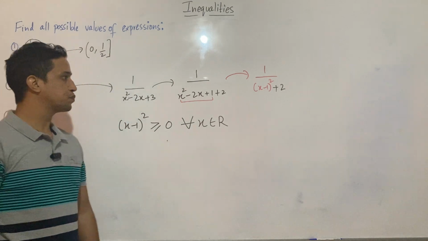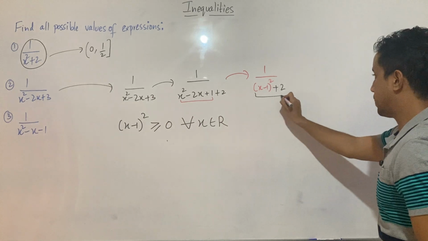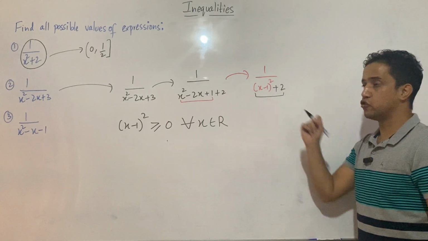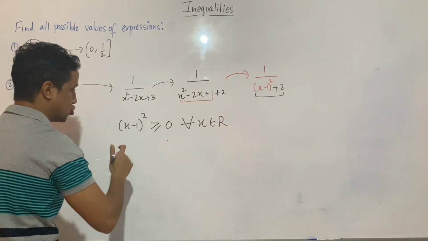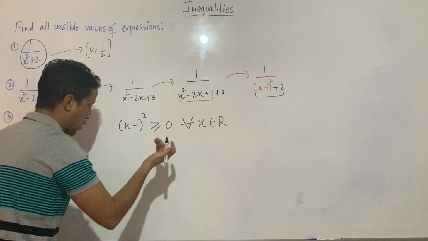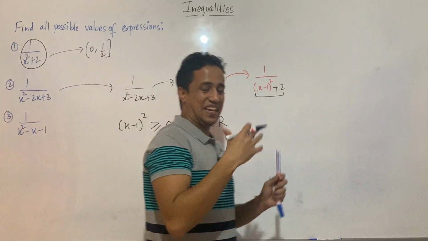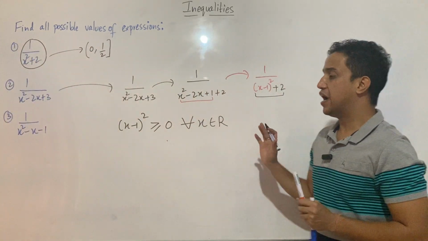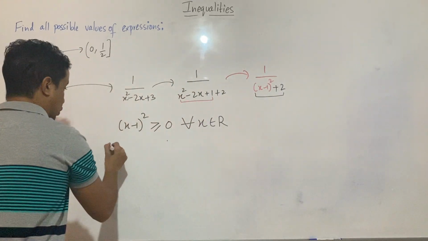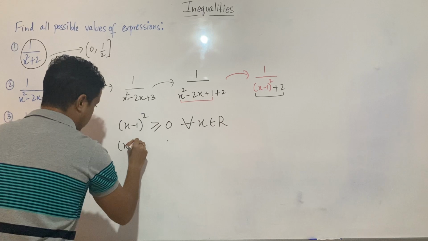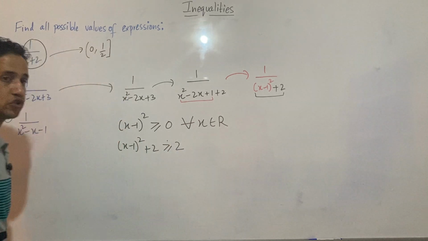Now I'm more interested in finding the value of this, so I will add 2 to both sides. If you add something to both sides of an inequality, it doesn't affect the sign. So here it's going to be (x minus 1) whole square plus 2 is greater than or equal to 2.